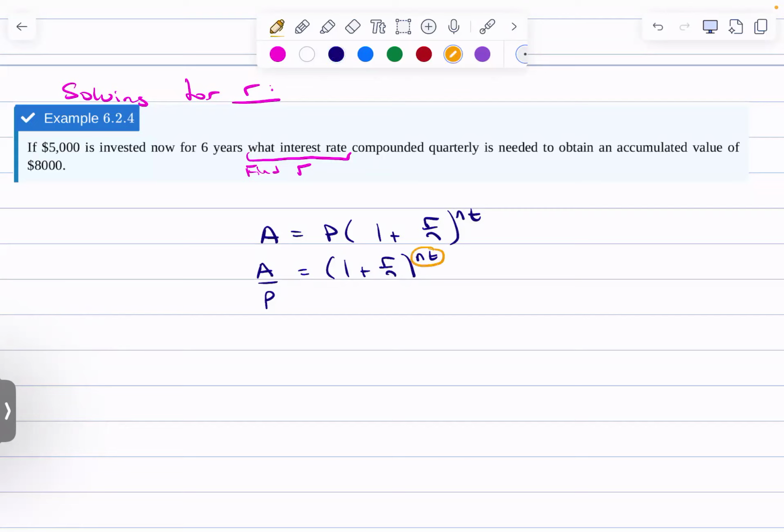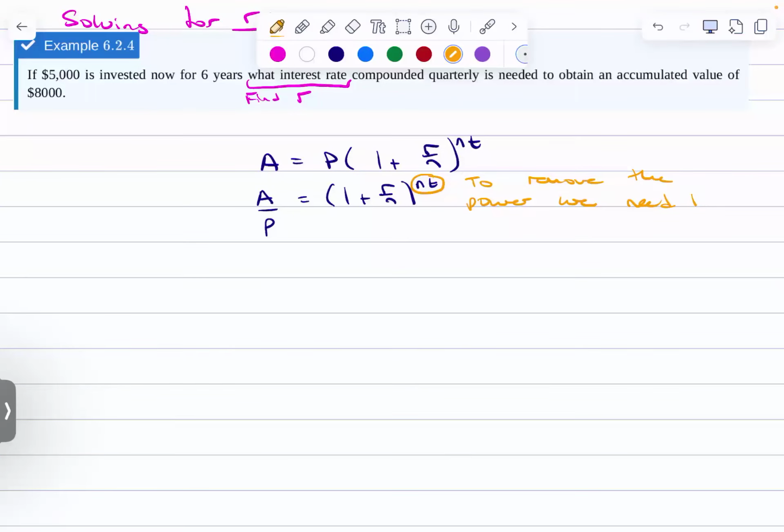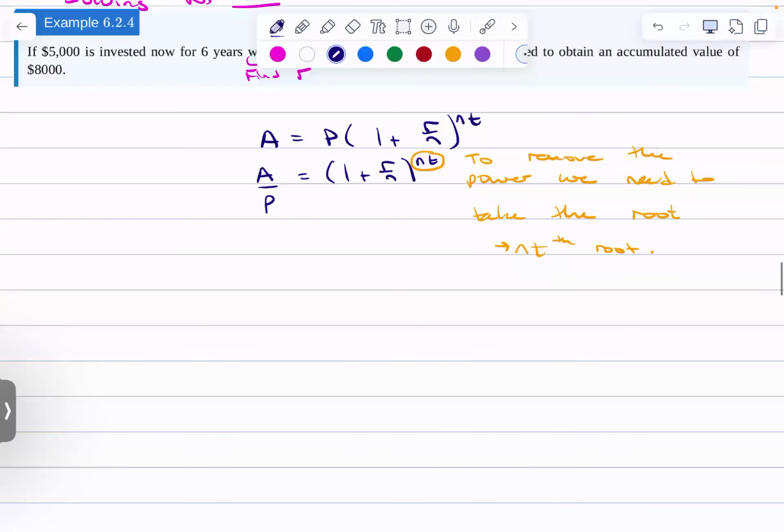So here, to remove the power, we need to take the root. In fact, we need to take the n times t-th root. That sounds gross, but it's actually just going to look like this.